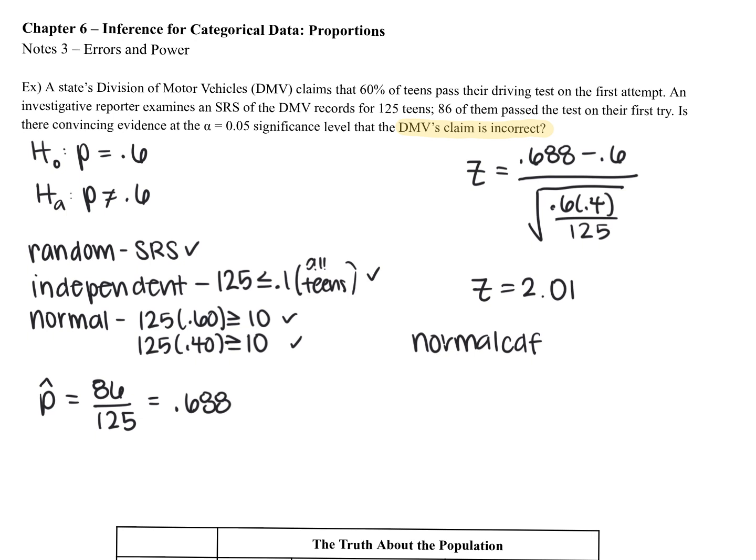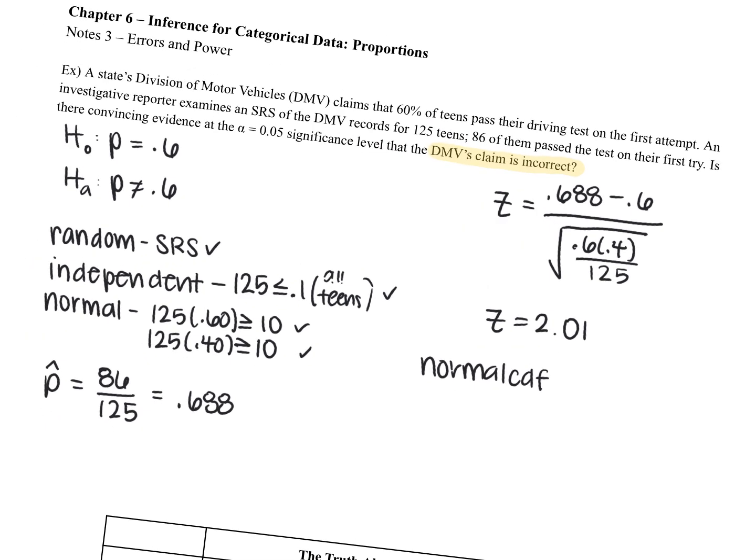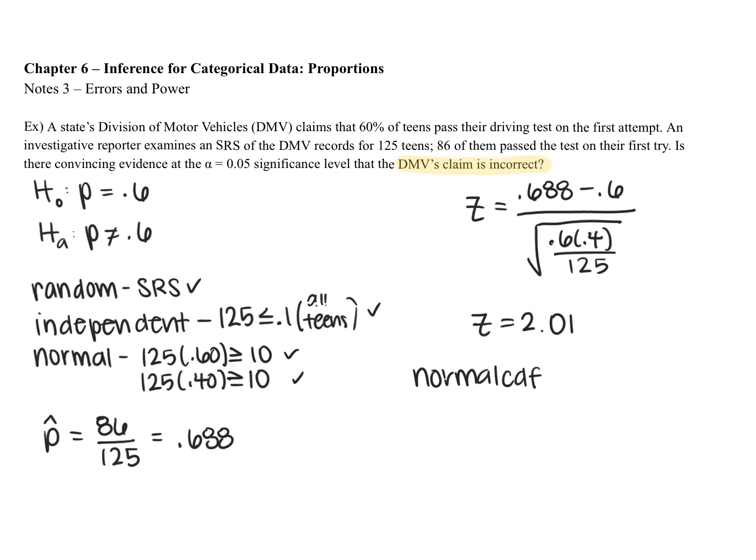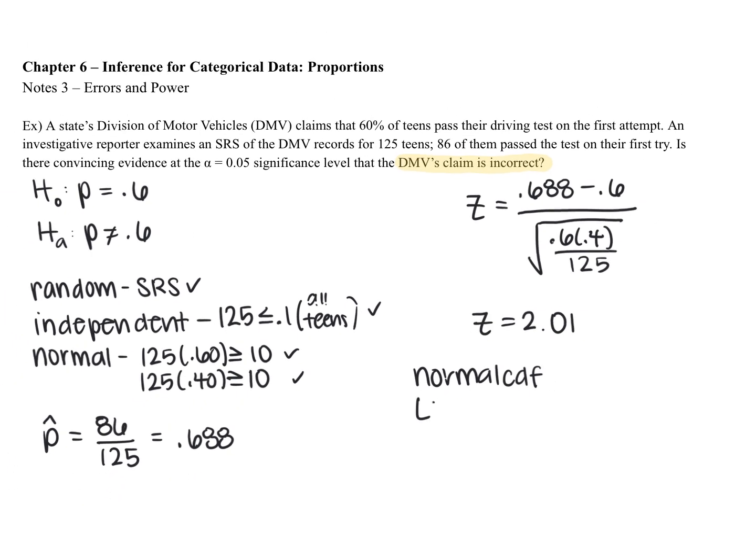When it's a does not equal, what goes in for my lower bound and my upper bound is based completely on whether or not my z-score is positive or negative. So because my z-score is a positive 2, and that's above my mean, my lower bound is actually going to be my z-score. So my lower bound is going to be 2.01. My upper bound is going to be 1E99. We'll have a mean of 0 and a standard deviation of 1.